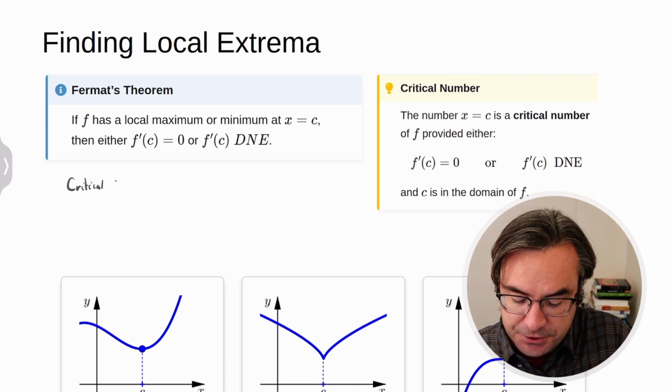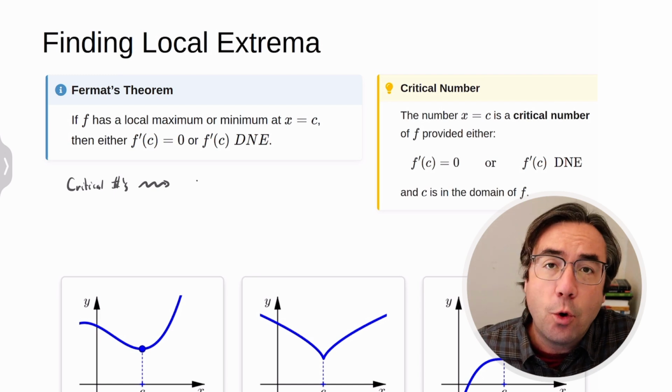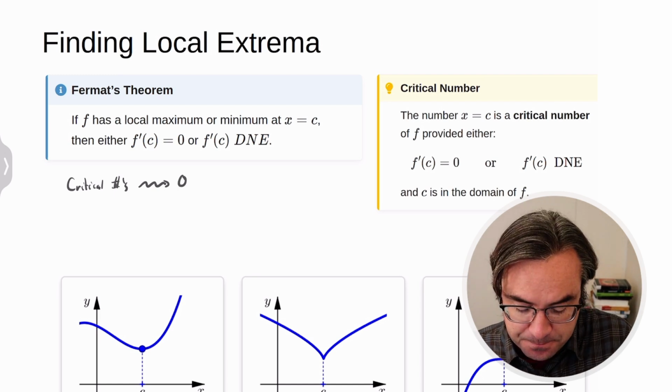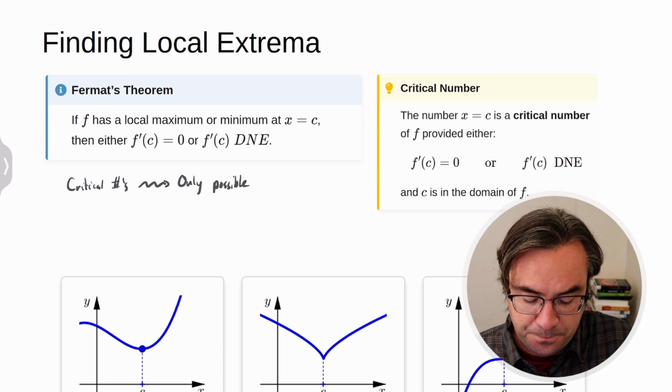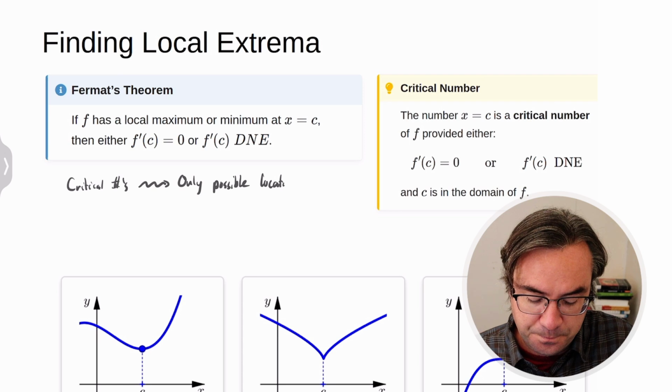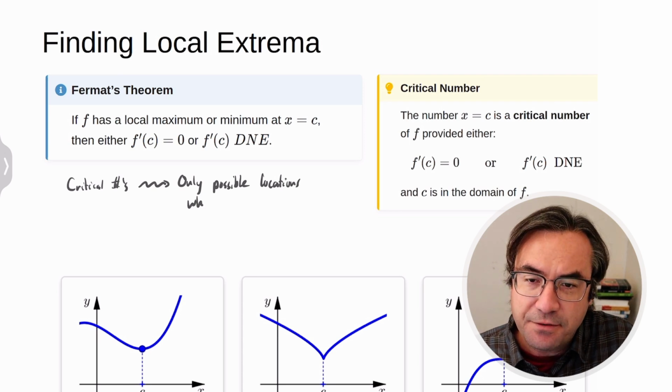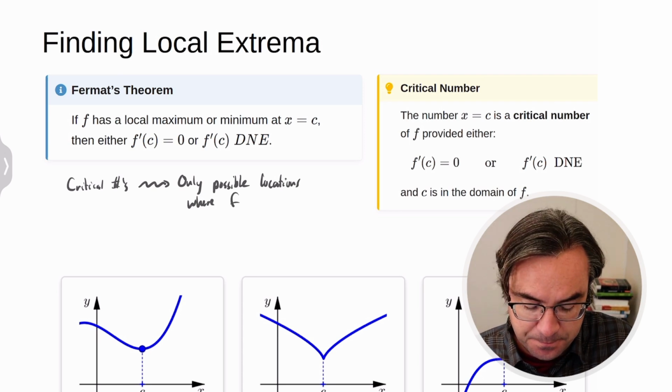So critical numbers are the only possible locations where f can have a max or min.